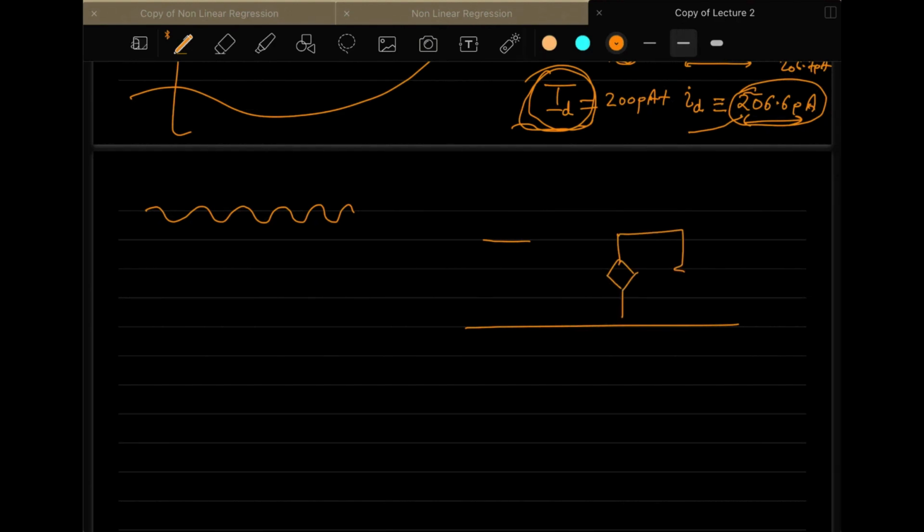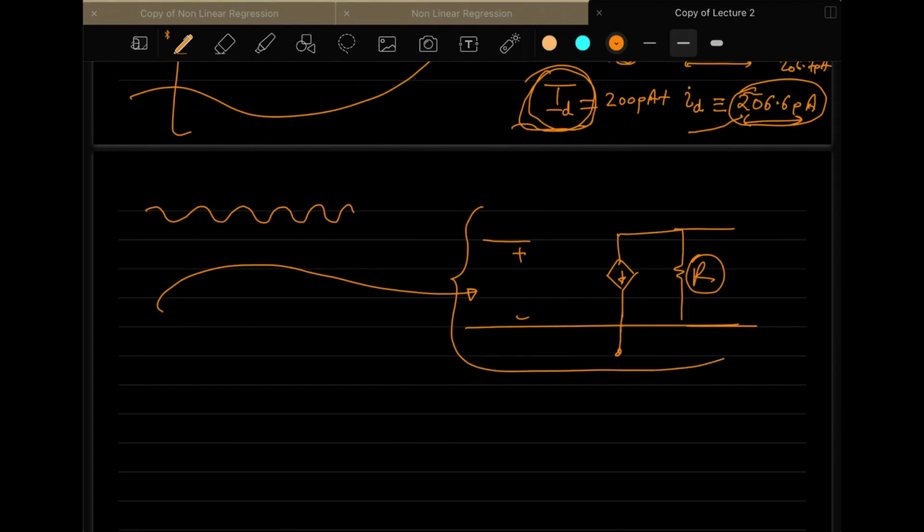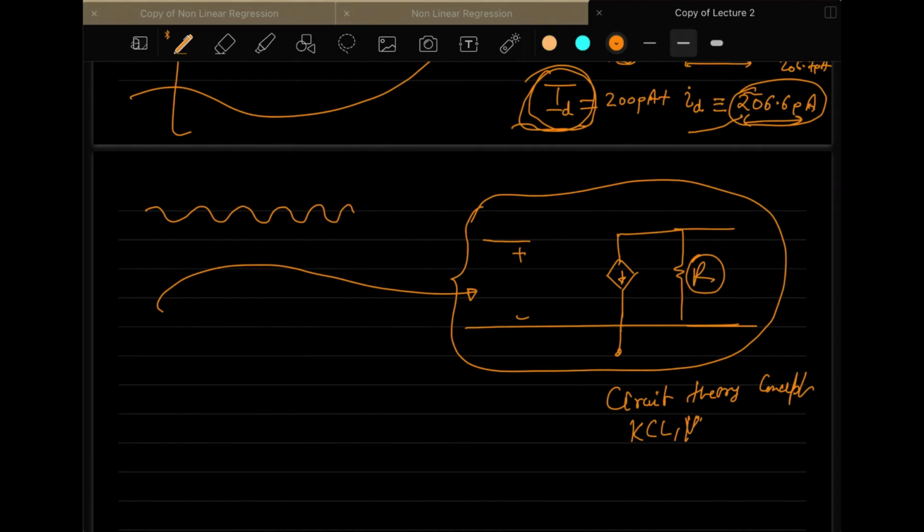As I told you, if you replace the MOSFET by this type of circuit, which has a current source, resistance, voltages and capacitances, then you can easily solve it using your circuit theory concepts, that is KCL, KVL, all this type of things, and solve this MOSFET circuit.